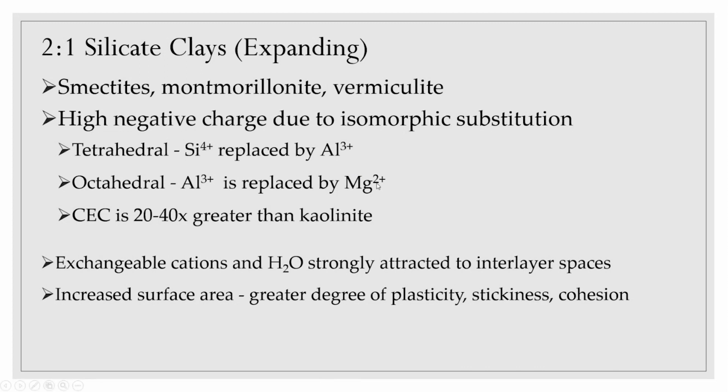And so when we do this, if we were to have isomorphic substitution in both the tetrahedral and the octahedral layer, we would go from +4 to +3 and +3 to +2. We'll see this in the upcoming slides. We just know that our 2-to-1 clays are going to have a much greater cation exchange capacity, or we're going to have a bigger cup.